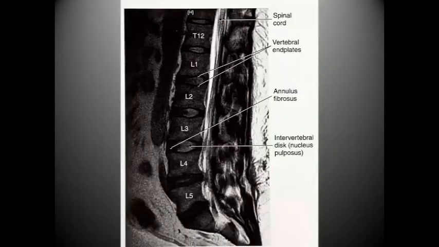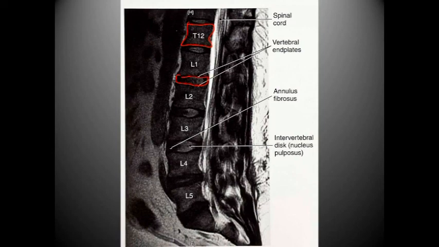In this image, we have the lumbar spine demonstrated. We see the vertebral bodies. Here's the vertebral body of T12. And then we continue down with L1, L2, L3, L4, L5. Notice that we have a space in between, and that is the intervertebral disc.